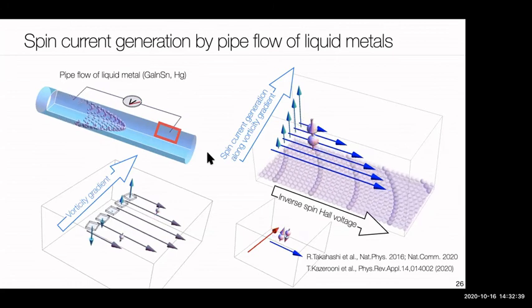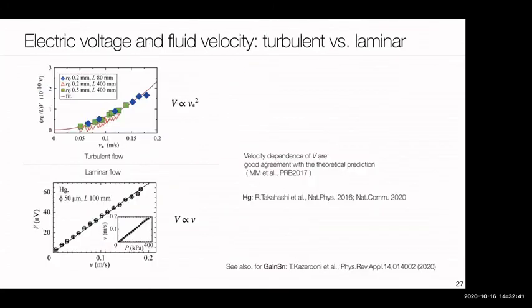Okay, and also very interestingly, our collaborator demonstrated very different scaling behavior for the electric voltage. Okay, these two graphs show that the electric voltage signal is proportional to the square of the averaged flow velocity for the turbulent flow.